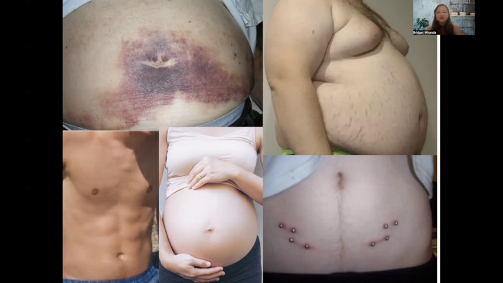You see a gentleman here on the right side of your screen with striae and infected piercings, a pregnant woman with just a little bit of the beginning of maybe a linea nigra, but I don't see any striae here. And then the gentleman on the left with pronounced abdominal muscles.